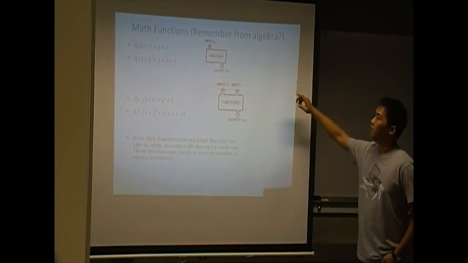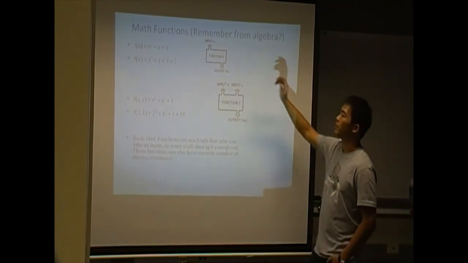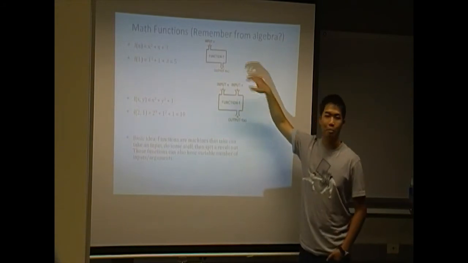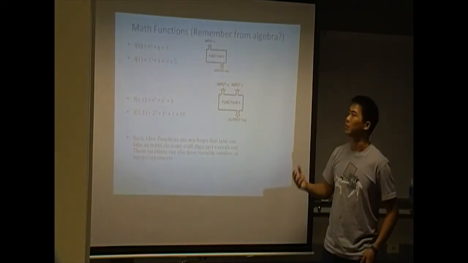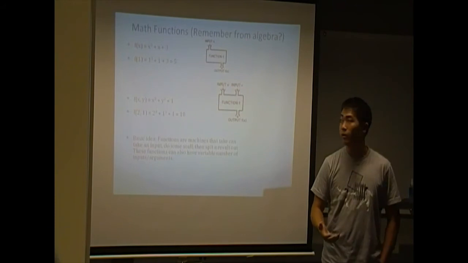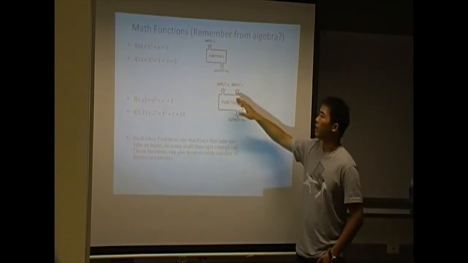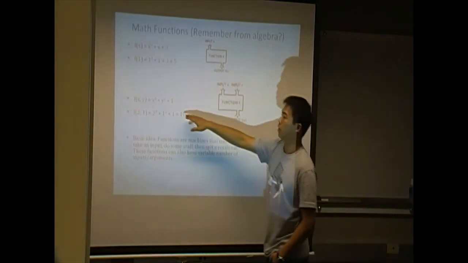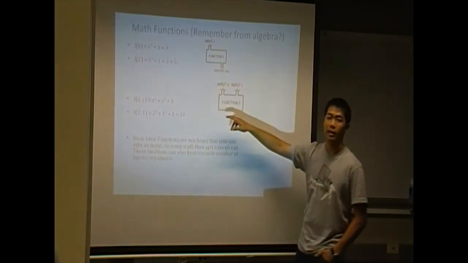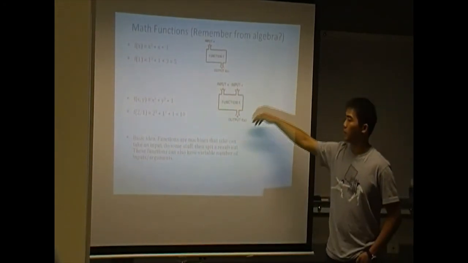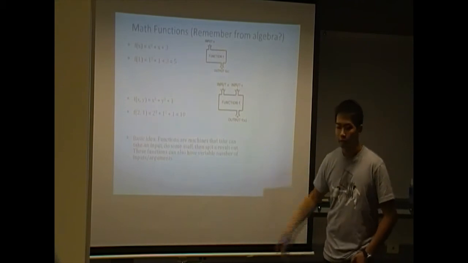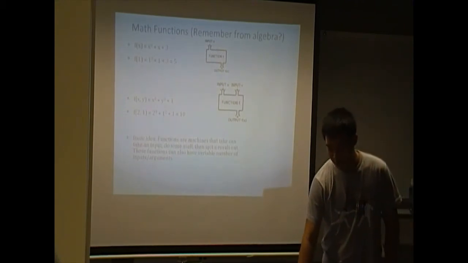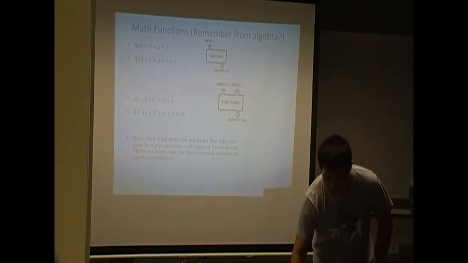So the math functions, the way they work is they take in an argument, and then they do some little magic inside this black box, and then they spit out some return value, right? And you can have functions with single arguments or multiple arguments. In this case, we have x, y. It takes in 2 arguments, and it spits out an output. And you can go on and on into more arguments.